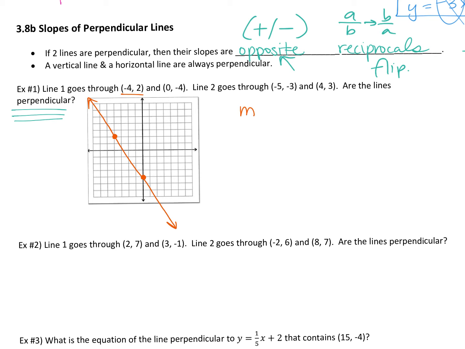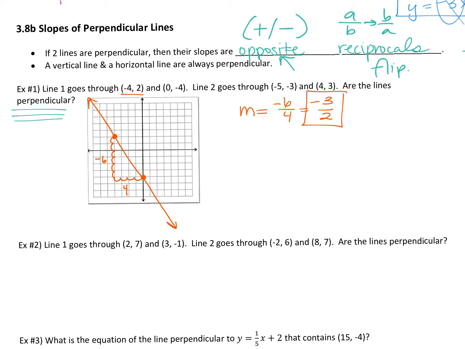What is the slope of that line? Negative 3/2, right? A negative 6 and a positive 4, so negative 6/4 is a negative 3/2. Okay, so my orange line has a slope of negative 3/2.